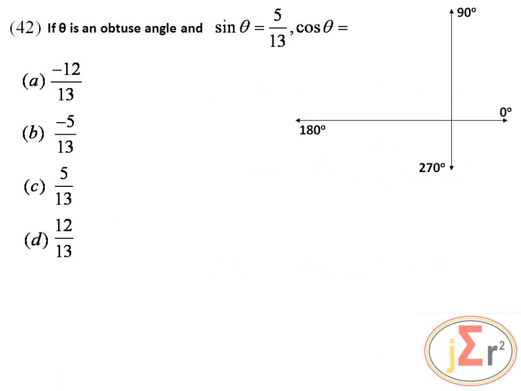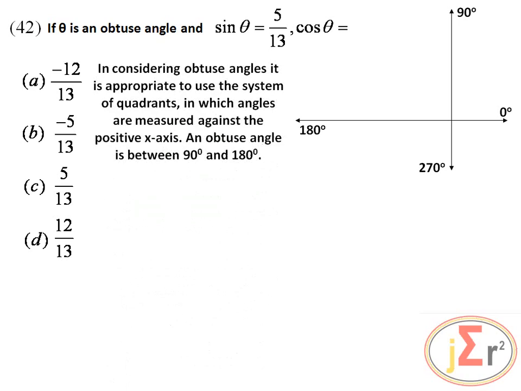If theta is an obtuse angle and sine theta is 5/13, cos theta is equal to, and we need to find cos theta. In considering obtuse angles, it is appropriate to use the system of quadrants, in which angles are measured against the positive x-axis.